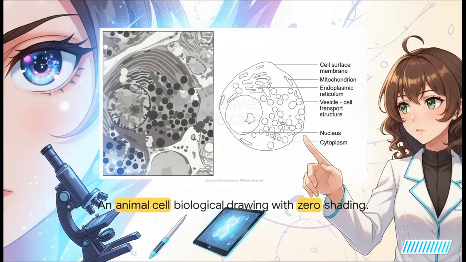Let's take a look at a picture-perfect example. Here's an animal cell viewed under an electron microscope, alongside its corresponding biological drawing. Notice how ridiculously crisp it is? The unshaded single lines perfectly follow the rulebook. It identifies the mitochondria, the nucleus, the vesicles, all without a single smudge of artistic shading to confuse what is a real structure versus what is just a shadow.